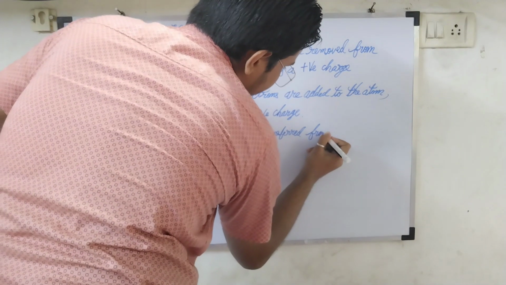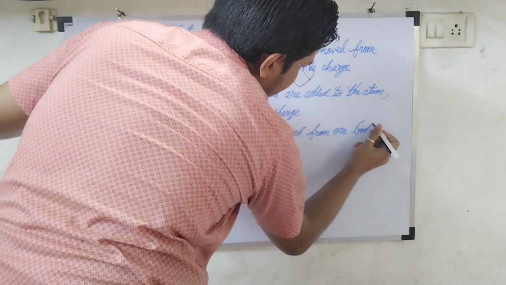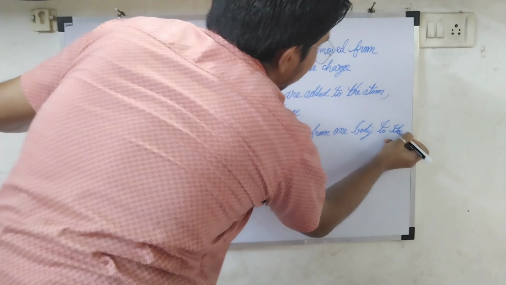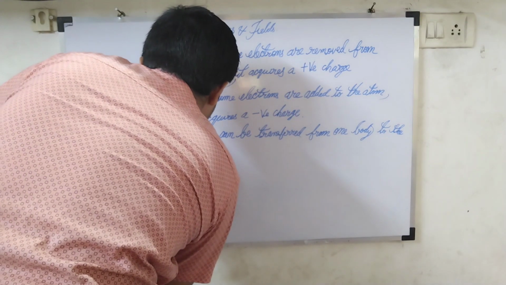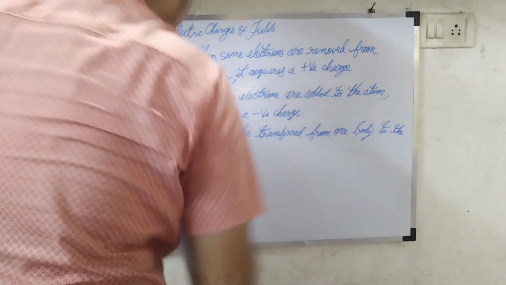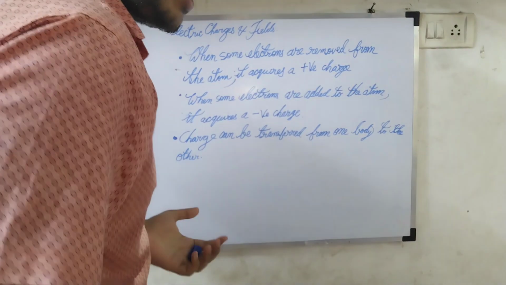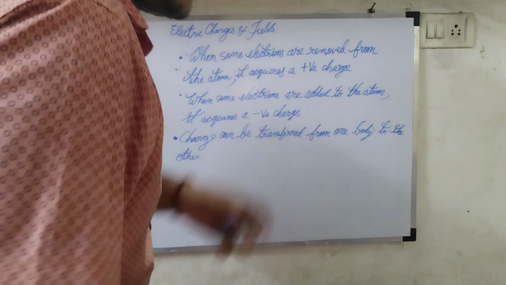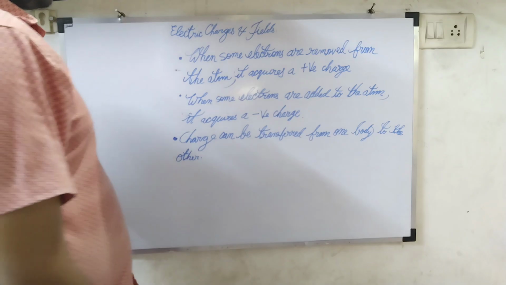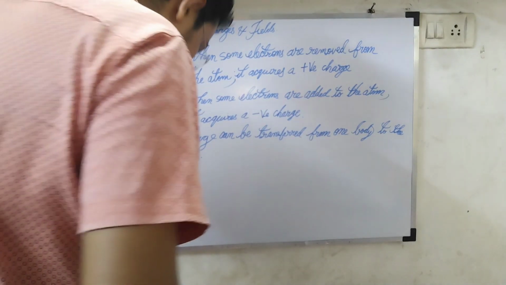We can see in electrolysis, using platinum electrodes or copper electrodes or silver electrodes, that charge is getting transferred. Electrolysis is a good example for it.